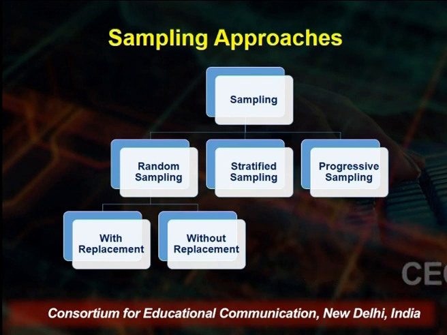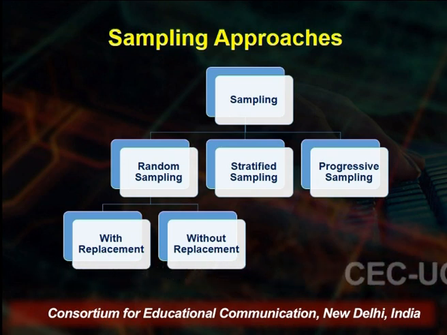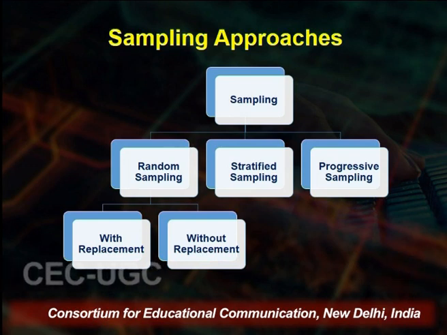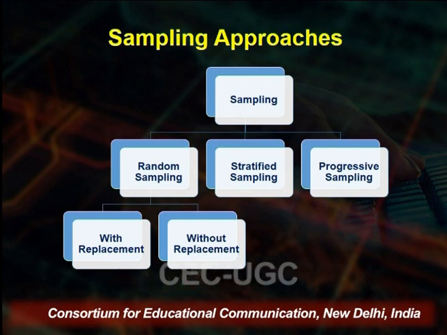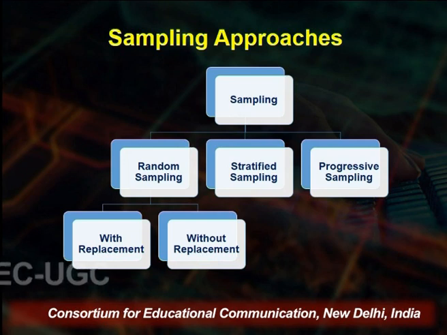Random sampling is very commonly used in statistical experiments, in mathematical experiments. Random sampling is used when all the data objects being used are similar, they have similar attributes. Random sampling can be of two types, one is with replacement and the other is without replacement.